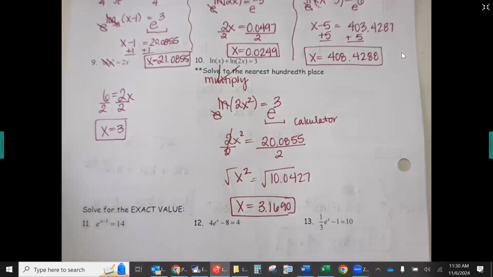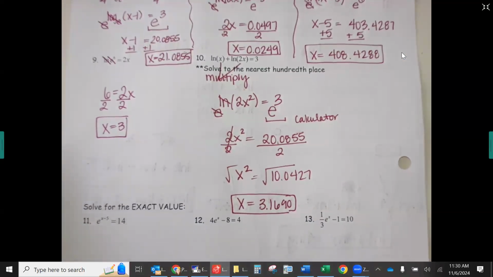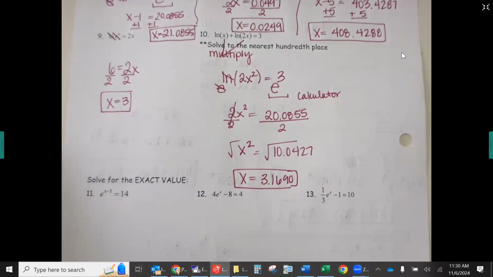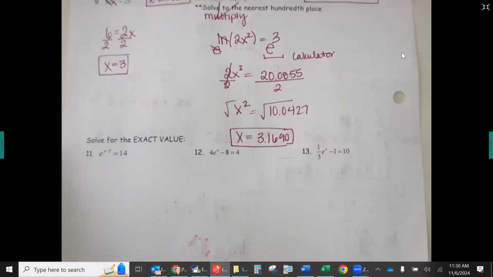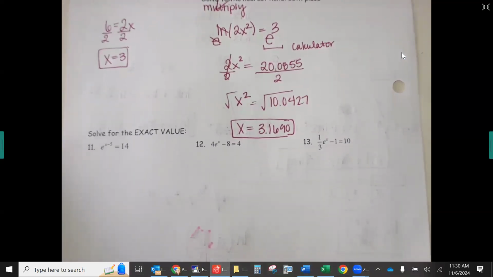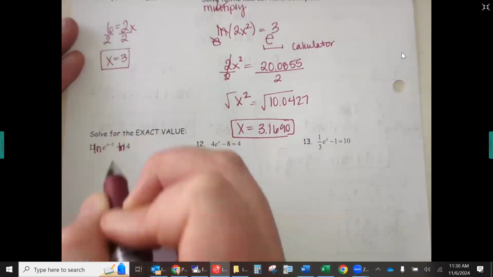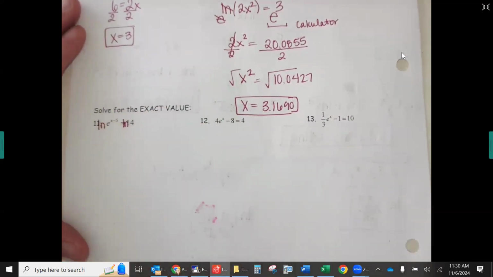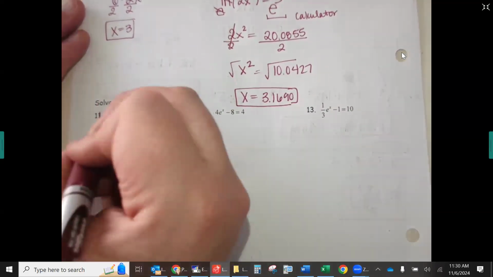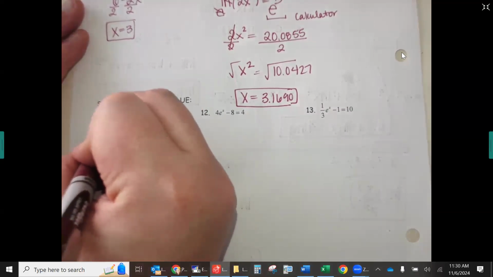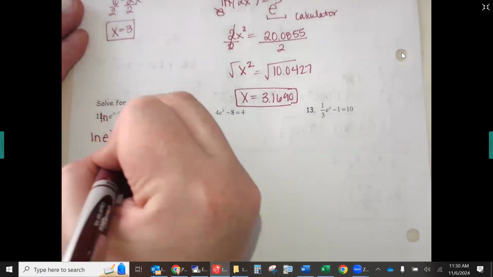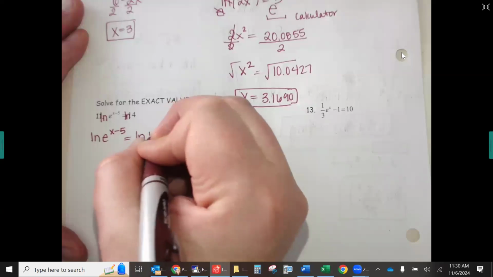Okay, do we feel like we can do that? All right, then we just have 3 questions left. What if we start off with an equation that has an E in it? So take a look at number 11. How can I get rid of a big E? What would undo that? An ln or a log little e. Remember, those are the same thing. So I now have, I'm going to rewrite this, ln of e to the x minus 5 equals ln of 14.